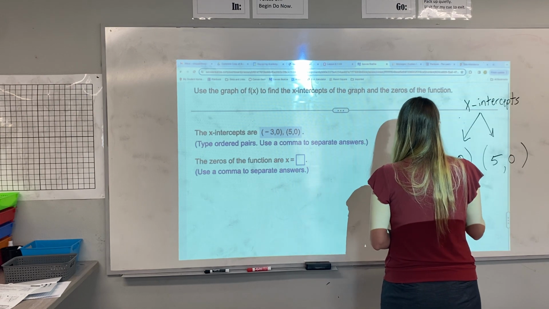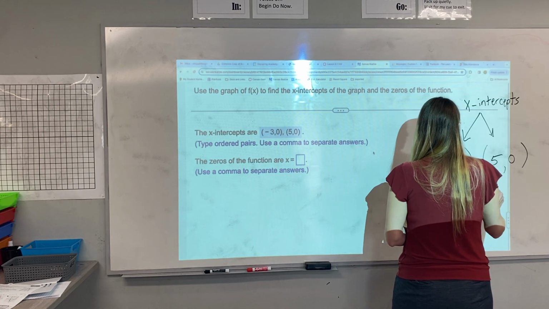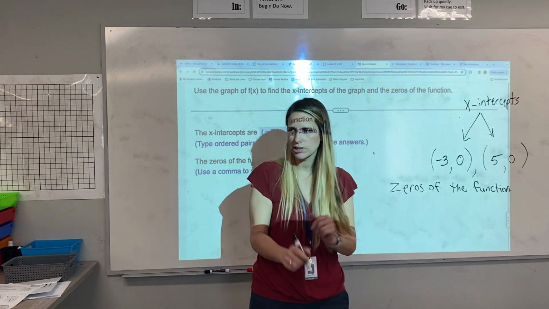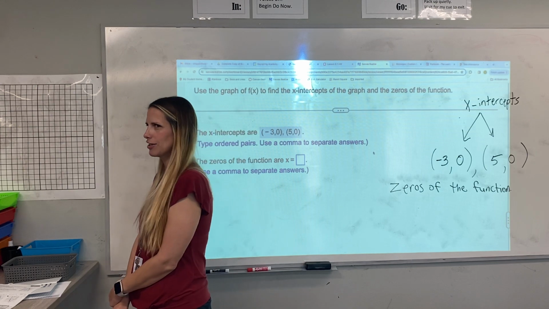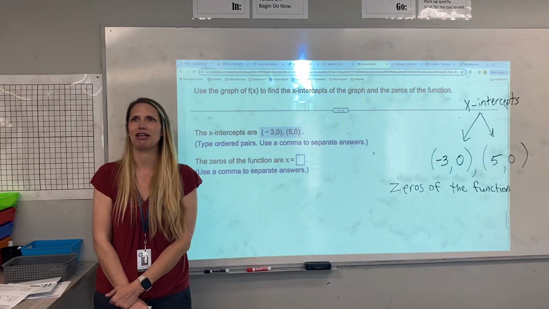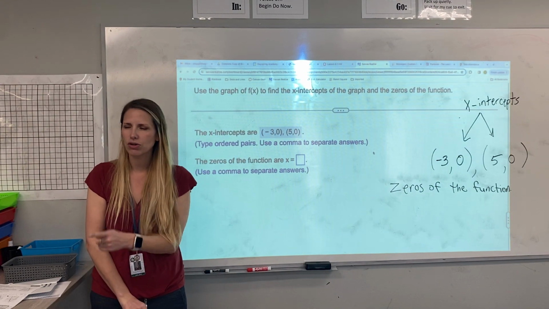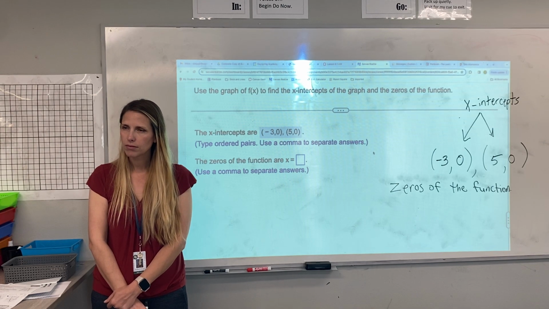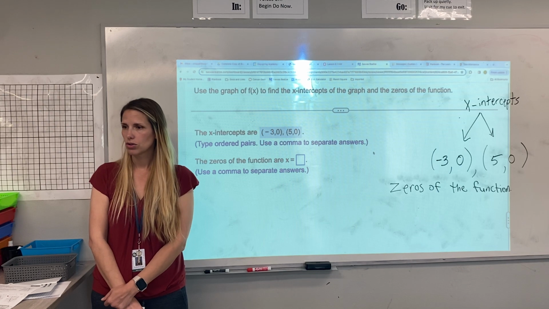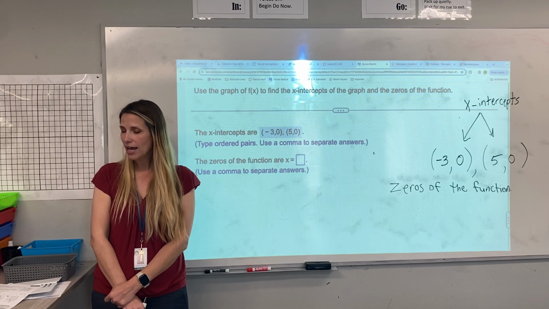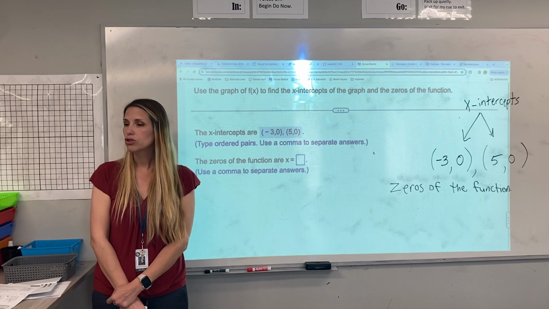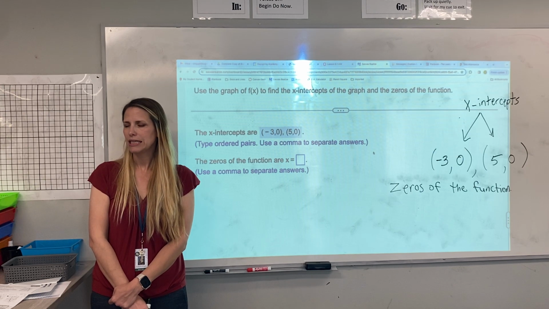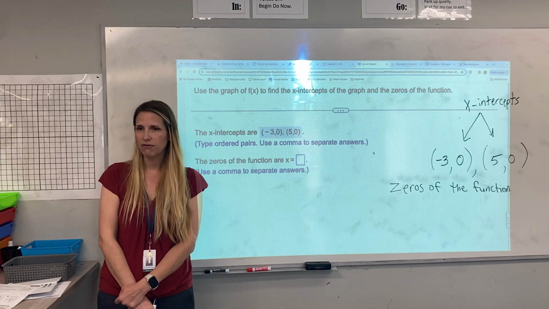Zeros of the function. Why are they called zeros of the function? Does that mean the answer is 0? The zeros of the function are 0. What does it mean by zeros of the function? That is a true statement, but it doesn't answer the question, why is it called zeros of the function?